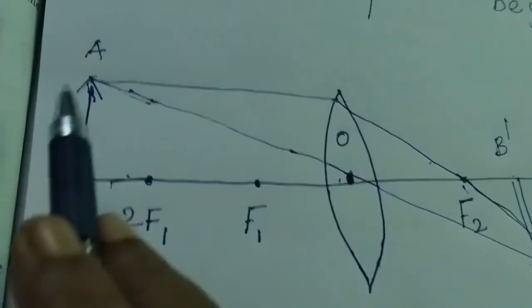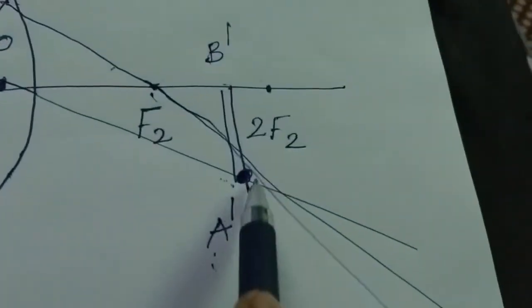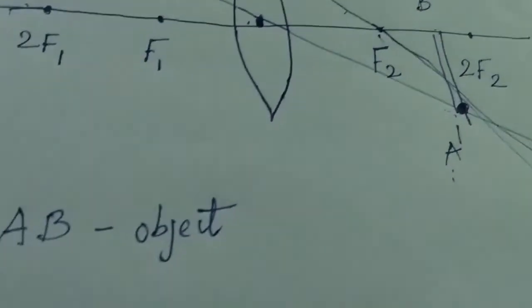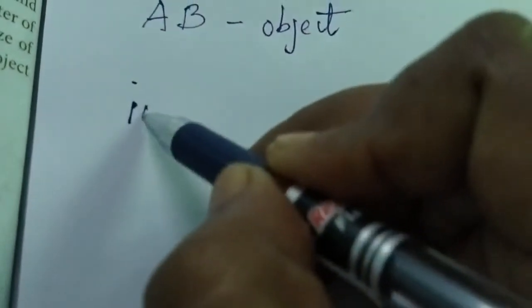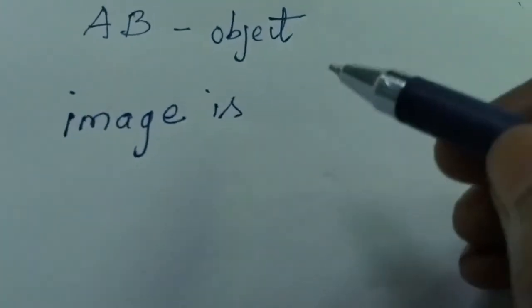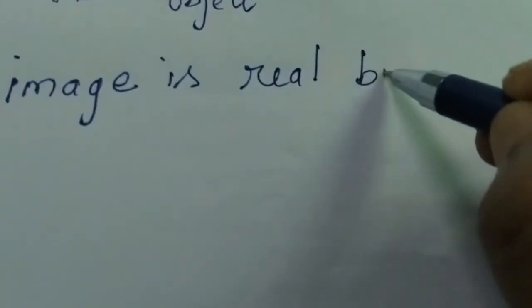See here, we have object A B, but the image is B dash A dash. So the image is real but inverted.